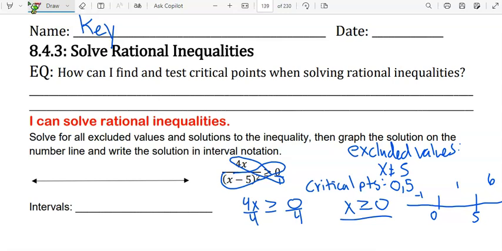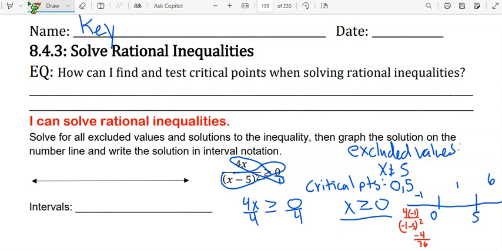Okay, so let's plug -1 into the original inequality. That's going to be -4 over (-6) squared, that's 36. That's a negative number.